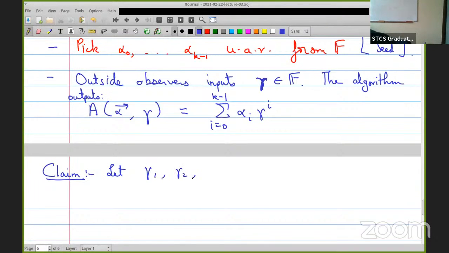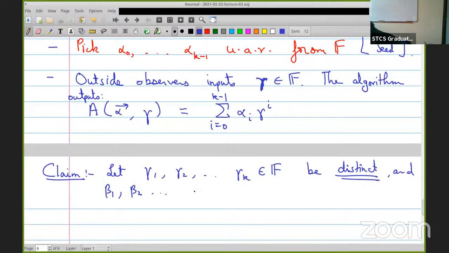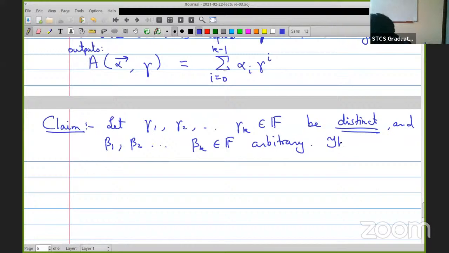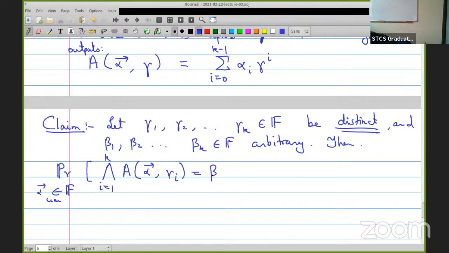Let gamma 1, gamma 2, ..., gamma k in F be distinct, and beta 1, beta 2, ..., beta k in F arbitrary, and then the probability over alpha being chosen uniformly at random that all of these events hold, right, this is just the product of the corresponding probabilities.